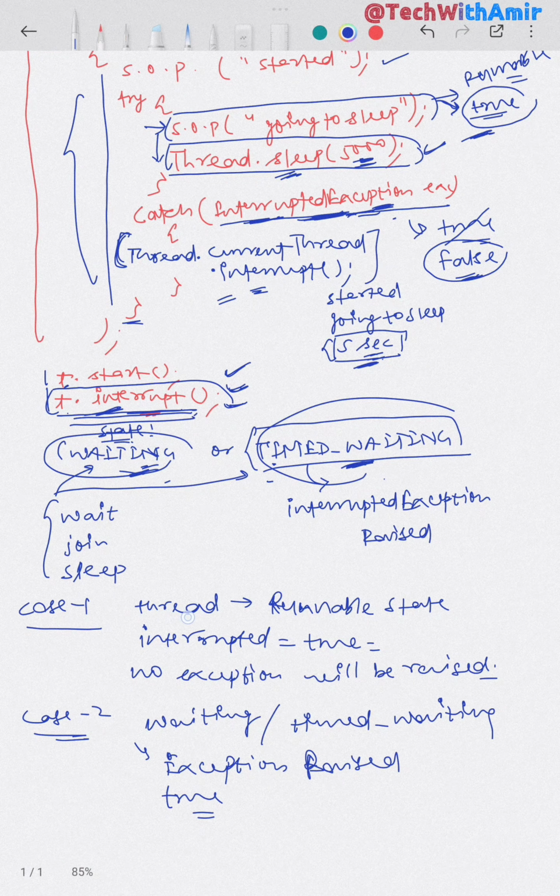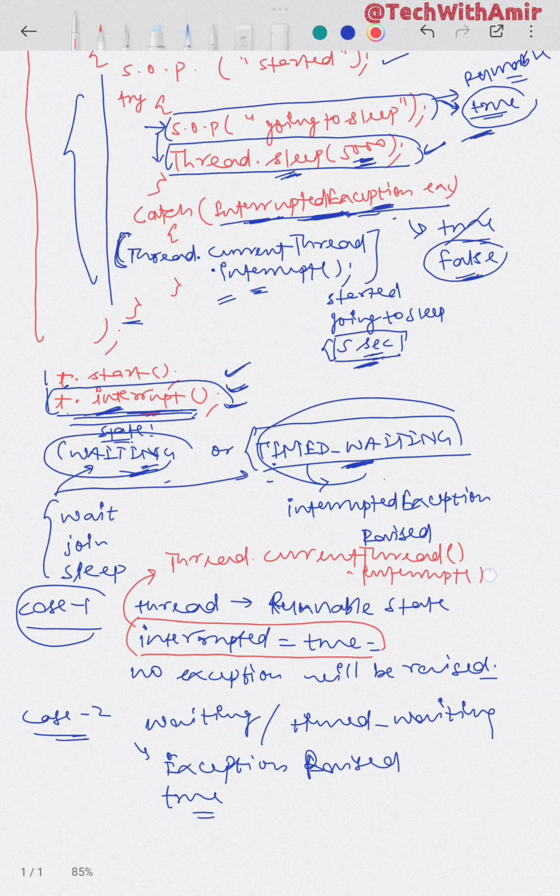One noteworthy point about this case, where the thread was in the runnable state and it got interrupted, is that the interrupted status remains true until you clear it yourself, right? Until you clear it by calling thread dot interrupted.